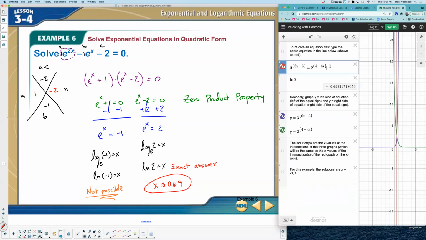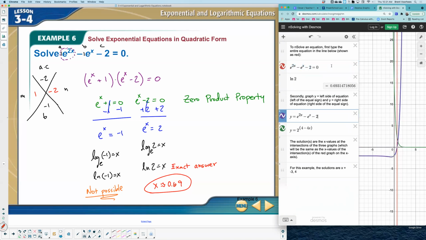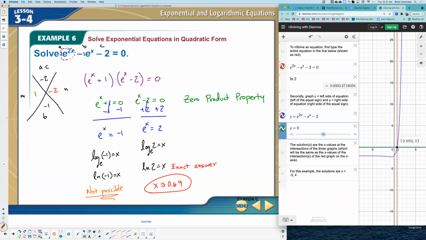And you could, again, just like we've been doing, InSolve this. Copy the left. Copy the right, which is 0. Their intersection should be our solution, 0.693, which is what we had, 0.69.